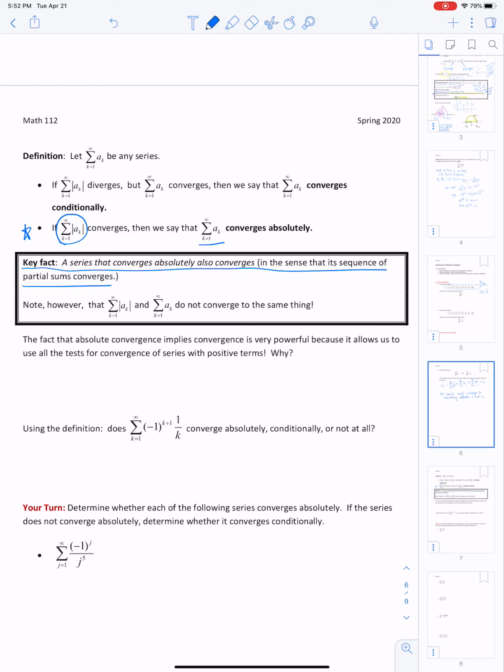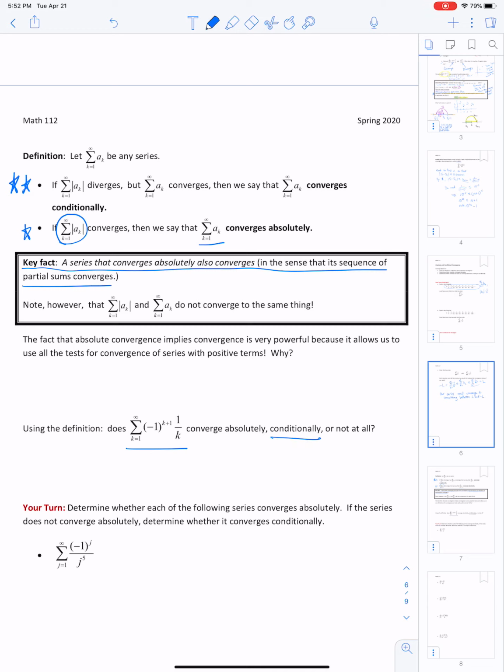It may still be the case that a series does not converge absolutely but still converges, and in that case we say it converges conditionally. We saw one: the alternating harmonic series converges conditionally.